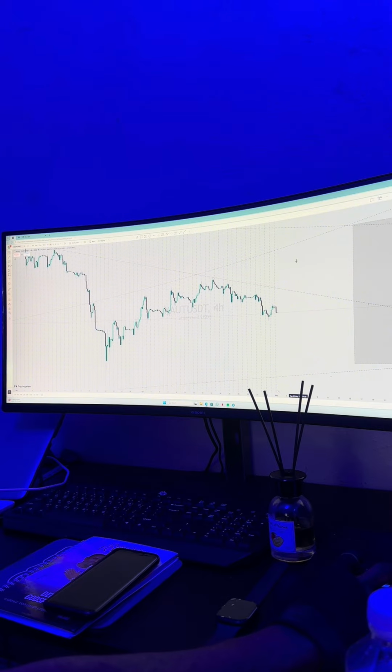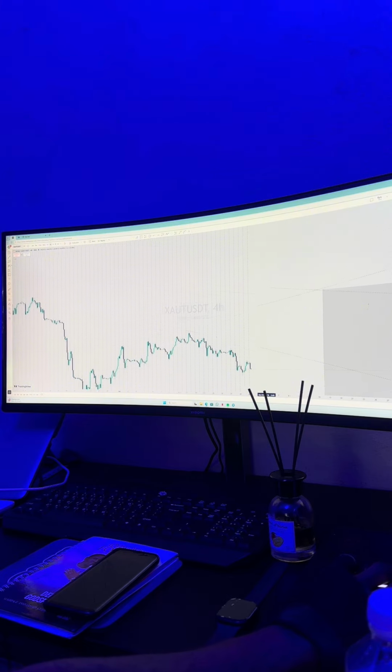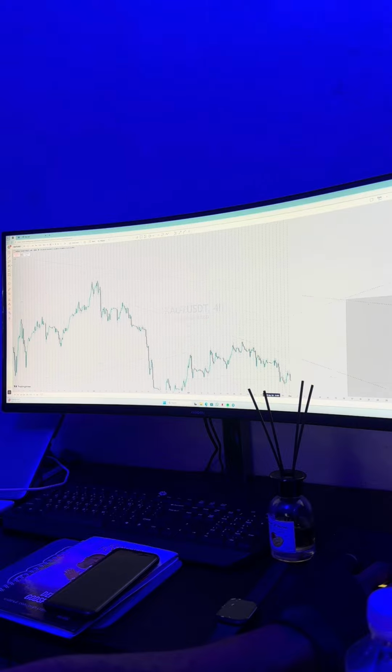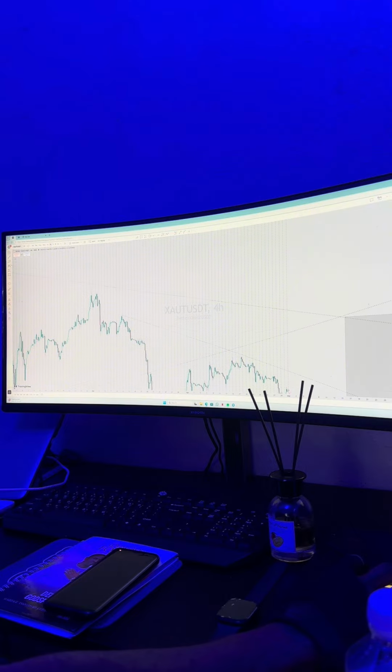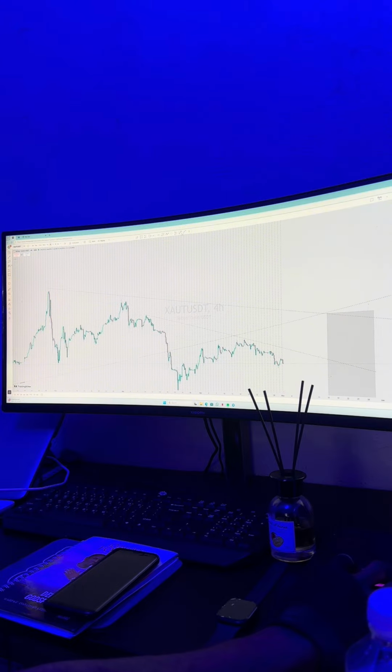You understand? So if price, this is no longer valid, okay, because we broke it, but I just needed to explain better. So break, okay, retest, and the distribution. This is our major guy. So if this guy breaks, then we will have a big bullish move that I think would go for the all-time high of gold. And this is the all-time high. You need to mark out all this.